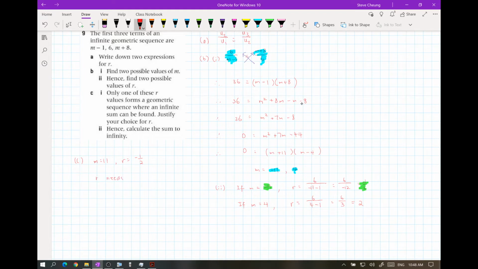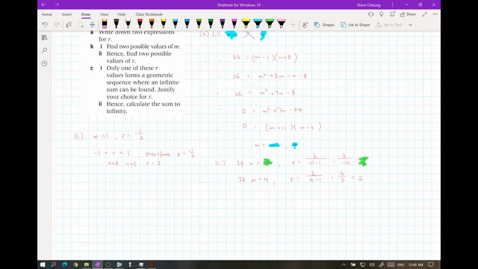R needs to be, oh, we can just say this. We can just say R has to be here. Therefore, R equals -1/2 and not 2. Okay, just write down the inequality statement and then say that R equals -1/2 is in this inequality.